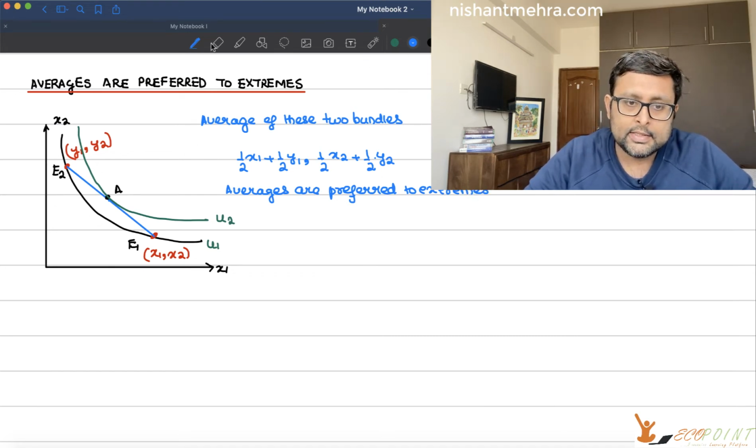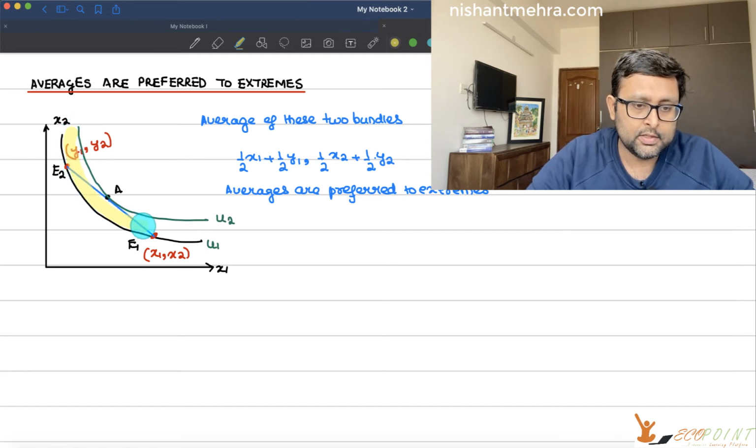Another thing is that you can mark all the bundles which are weakly preferred to x1, x2. All of these bundles above this curve are weakly preferred to x1, x2.